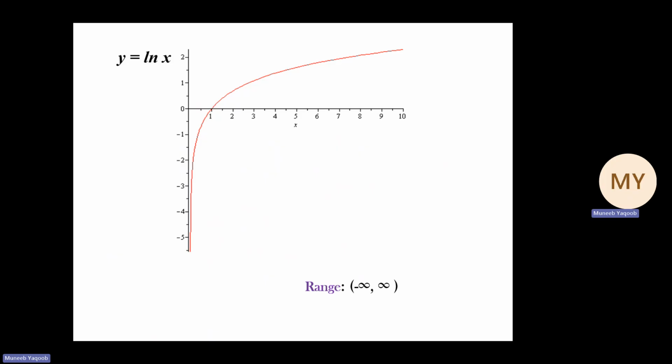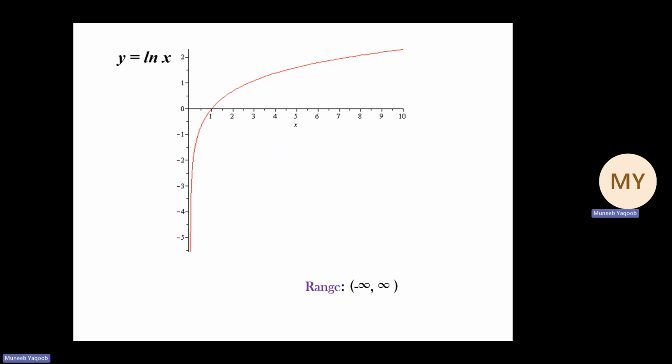For example, when we calculate log of 100, then in actual we are interested in which power of 10 is equal to 100. So if we use our calculator to calculate log base 10 of 100, then the answer will be 2, because power 2 of 10 is 100.